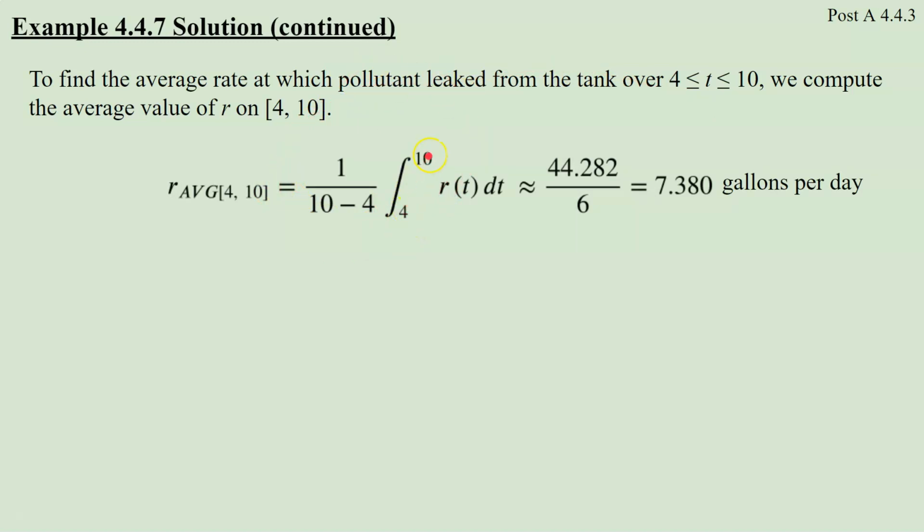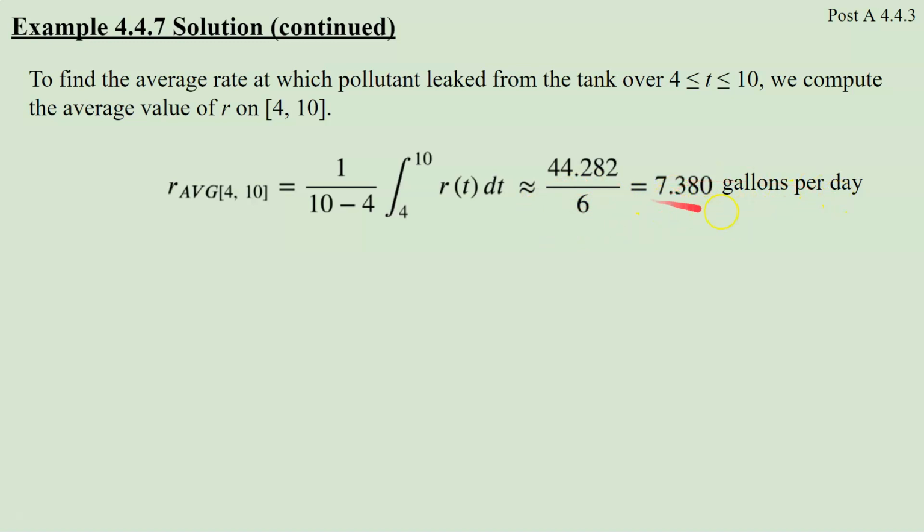So we take 1 over 10 minus 4 times the definite integral from 4 to 10 of r of t dt. We already got the definite integral to be 44.282. We divide it by 6 because there are 6 days from 4 to 10. And we get an average of 7.38 gallons per day.